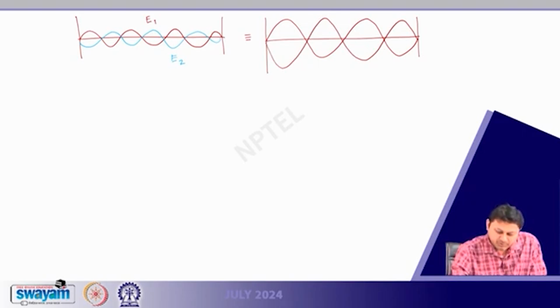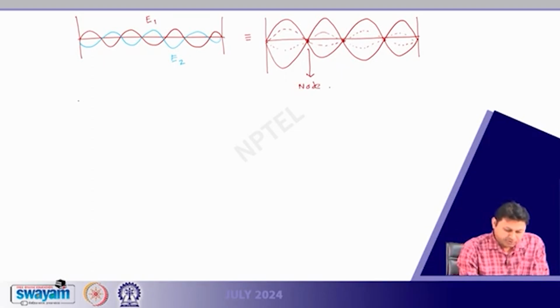So its amplitude at some point is changing from maximum value to minimum value. Sometimes it goes to 0 over the time, actually. So it vibrates like this. This is the point which we call the node.